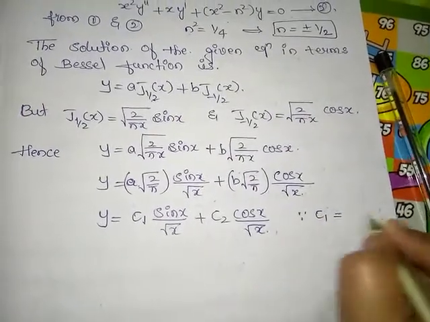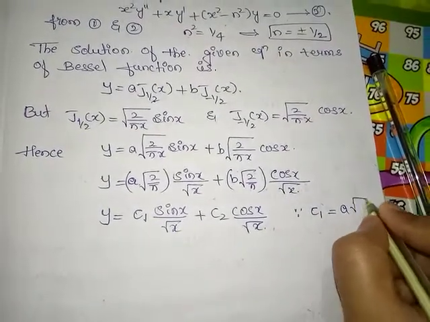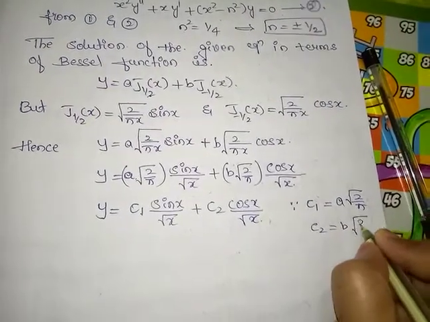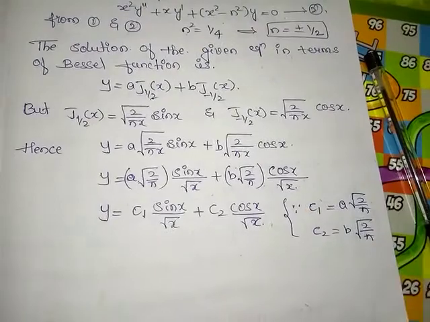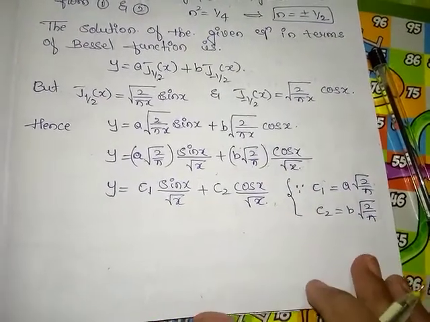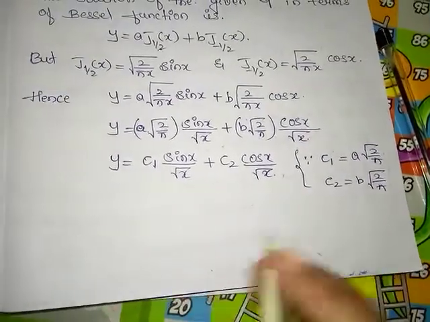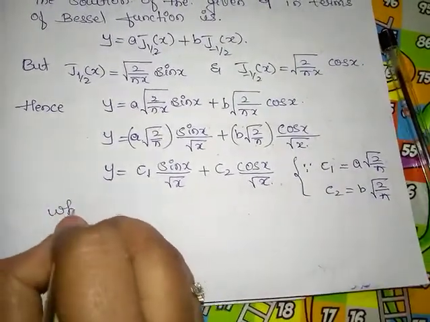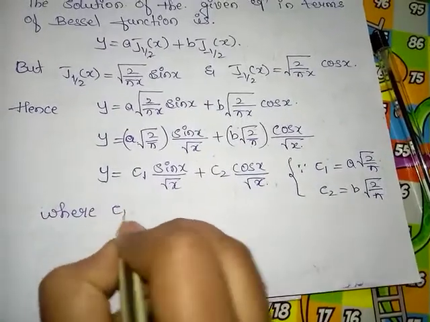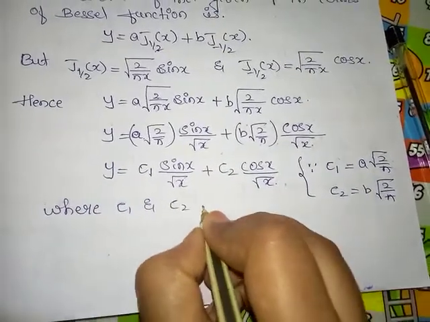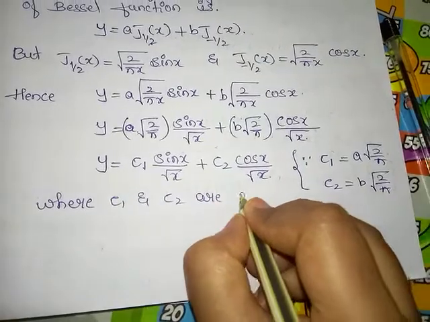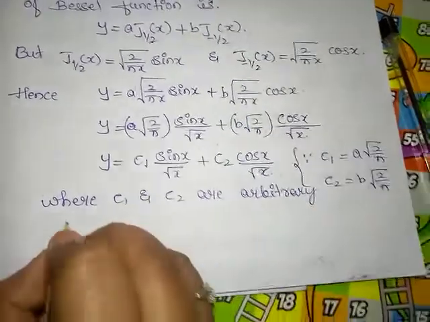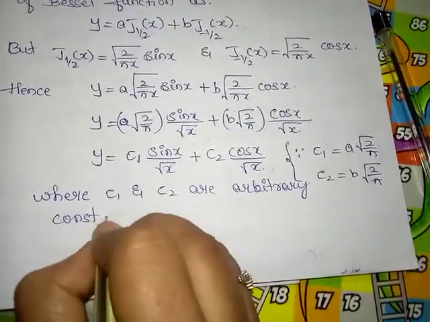Since c1 is equal to a into square root of 2 by π and c2 is equal to b into square root of 2 divided by π, where c1 and c2 are arbitrary constants.